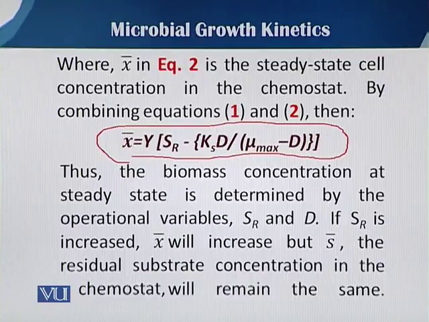So we can say that the biomass concentration at steady state is determined by the operational variables Sr and D. If Sr is increased, then X bar will increase, but S, which we call the residual substrate, in the chemostat will remain the same, because as we add the substrate, it will be utilized.